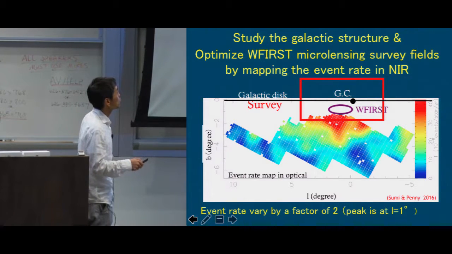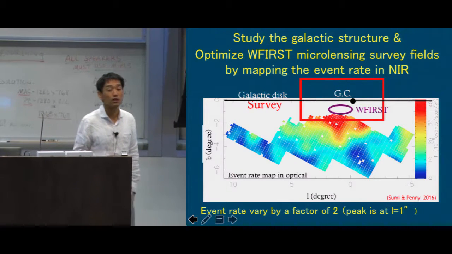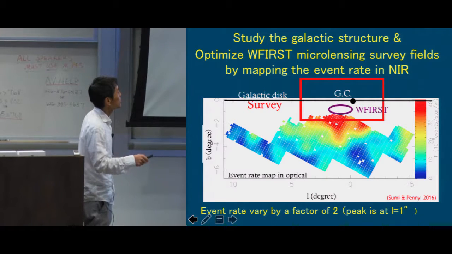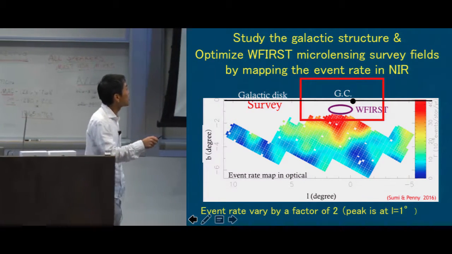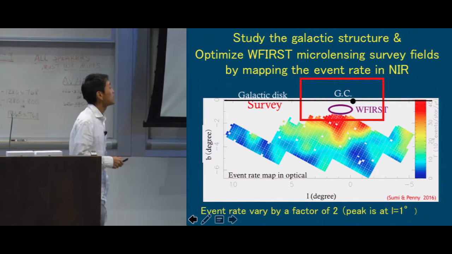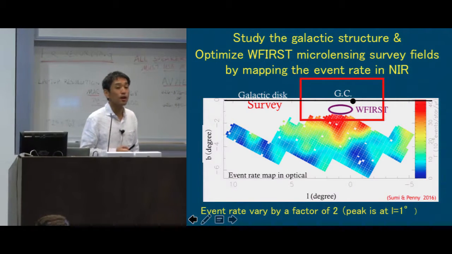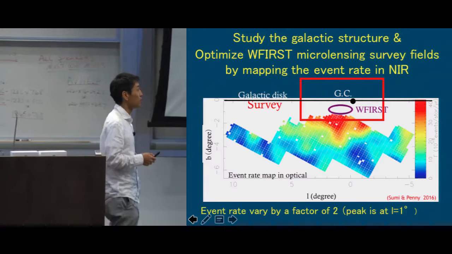So the red region is higher, and the event rate is higher near the galactic center. WFOS is going to observe around here, but the fluctuation is larger locally. So we're going to map the event rate around this region and then optimize the field WFOS is going to observe to maximize the yield of WFOS.